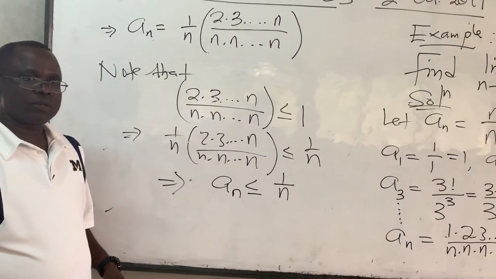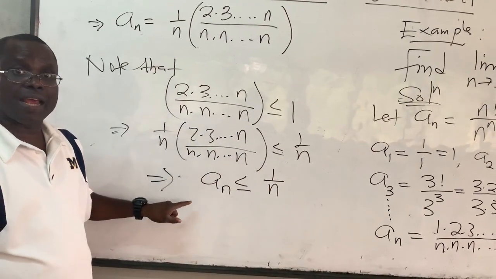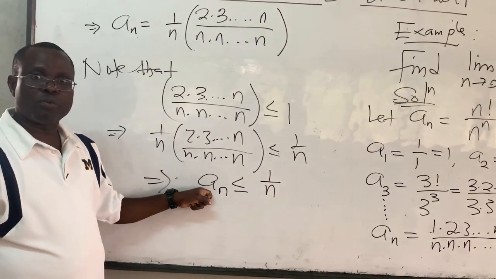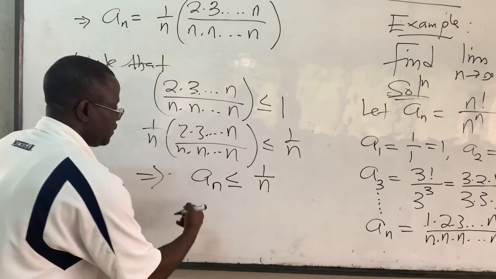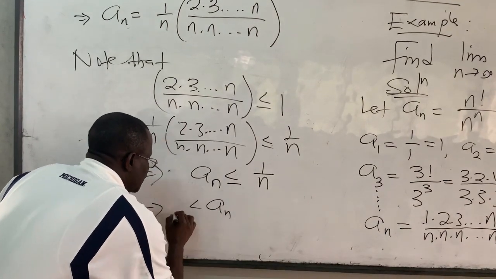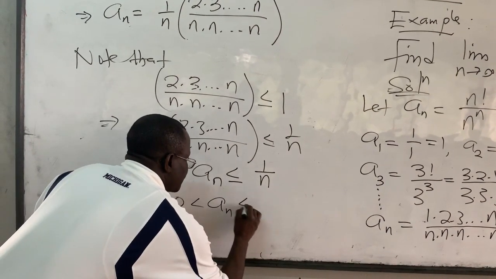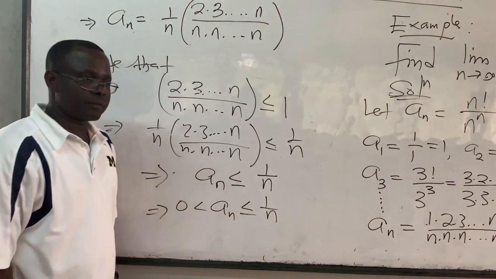But also note that the terms of the sequence are always positive, never negative, which implies that this an must always be greater than 0, and this is less than or equal to 1 over n.